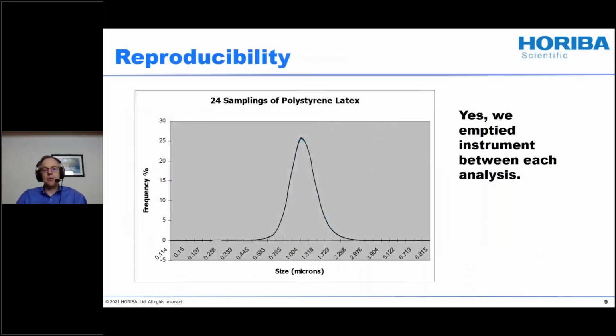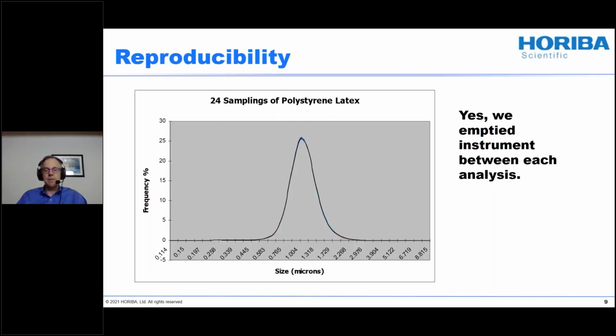So here's an example of some great reproducibility results. This is an overlay of the size distribution of polystyrene latex measured 24 times. We emptied the analyzer between each analysis, and the results overlay beautifully. The thing about these polystyrene latex standards is we understand them quite well.